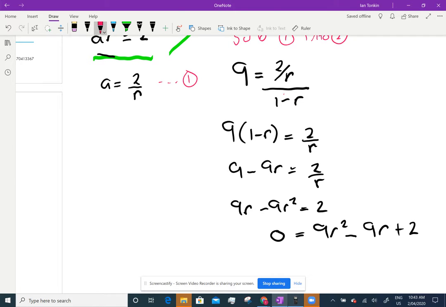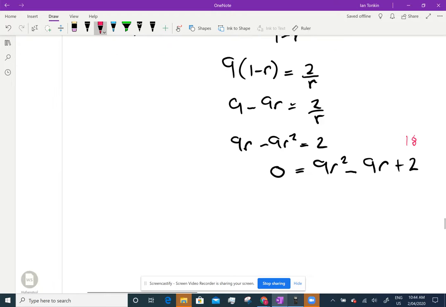Well, let's try a common ratio. 9 times 2 is 18. So what multiplies out to 18 and adds up to 9? I reckon minus 3 and minus 6.